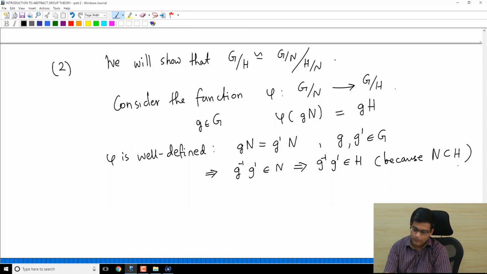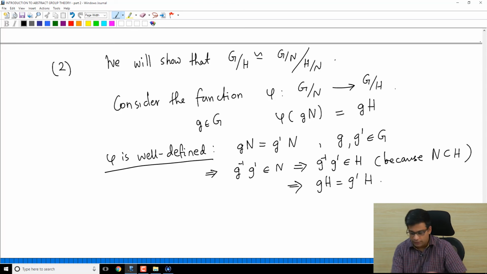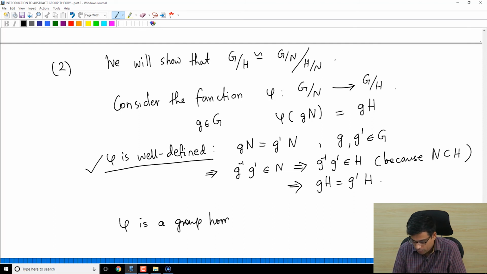But if g inverse g prime is in H, gH equals g prime H, right? So well definedness is okay. If you have two representations of the same coset, they will also give you the same coset in G mod H. So if gN equals g prime N, gH equals g prime H. So this is okay. And phi is a group homomorphism. This is easy, because what is phi of gN times g prime N?